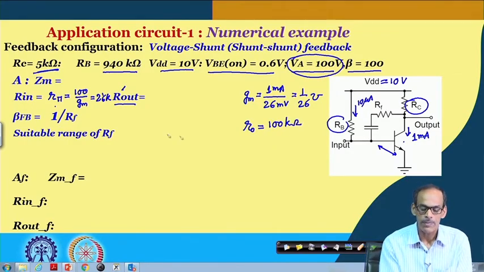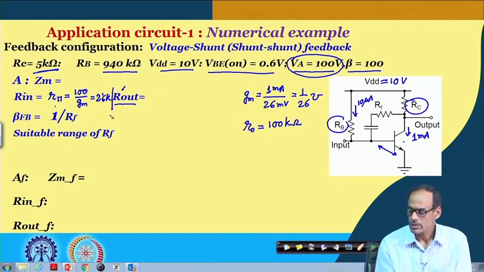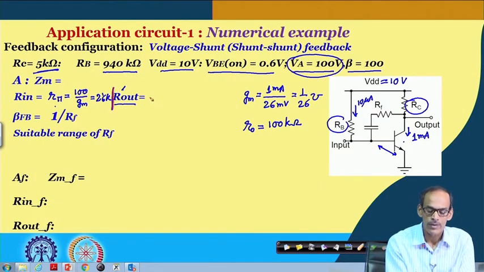And R out dashed is Ro in parallel with Rc, and Rc is 5 k, so we can say that 5 k is dominating.